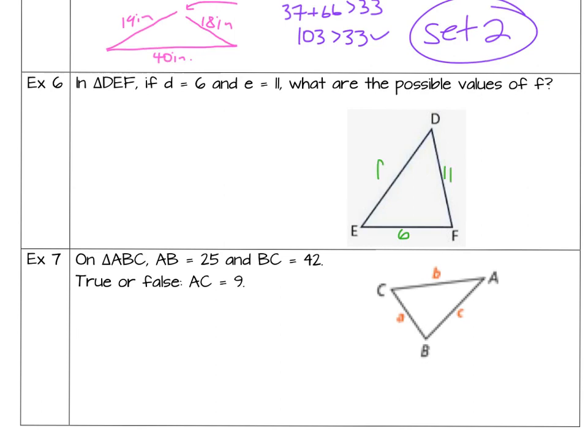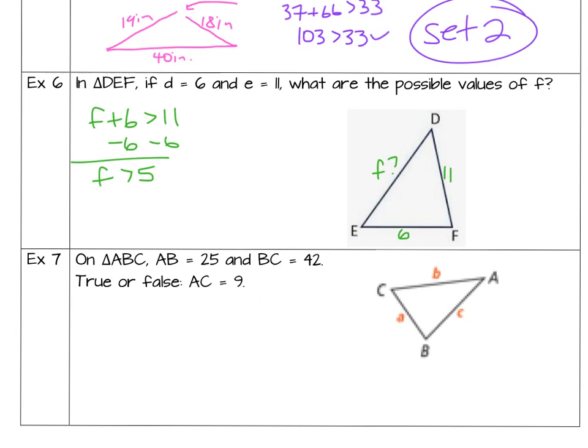What are the possible values for f? Using our triangle inequality theorem, if we add f and 6 together, they have to be greater than 11. To get f by itself, if I move 6 over, I know f has to be greater than 5 in order for that triangle to work.